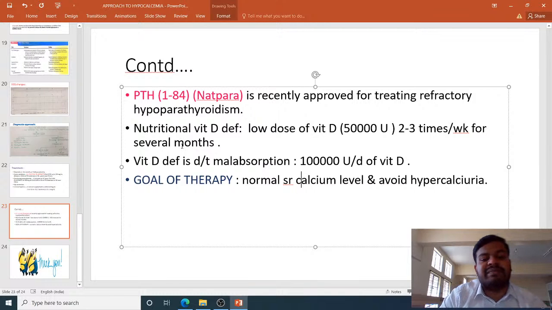And for nutritional vitamin D deficiency, a low dose of vitamin D, 50,000 units 2 to 3 times a week for several months, can be given. And for vitamin D deficiency due to malabsorption, 10,000 to 1 lakh units per day of vitamin D can be given. The goal of therapy is to normalize serum calcium levels and to avoid hypocalcemia.